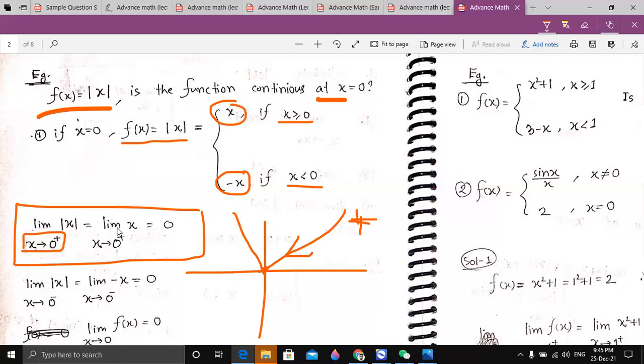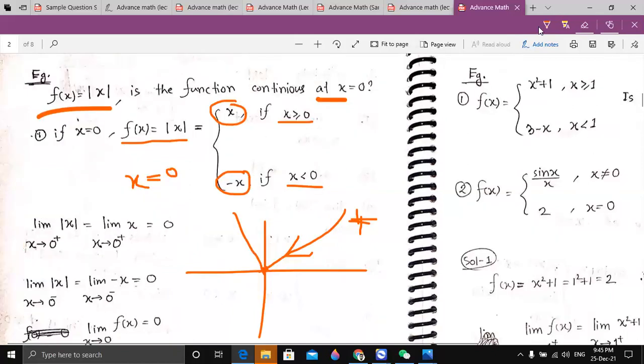We can write the next line as limit x tends to 0 plus x. Now we substitute the limit. If we substitute 0 here, it will become 0. If the value of x is 0, ultimately all this value is also 0.